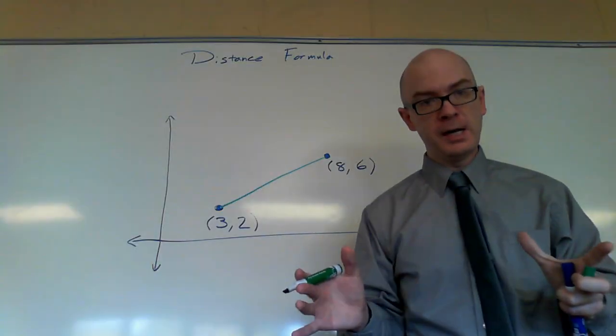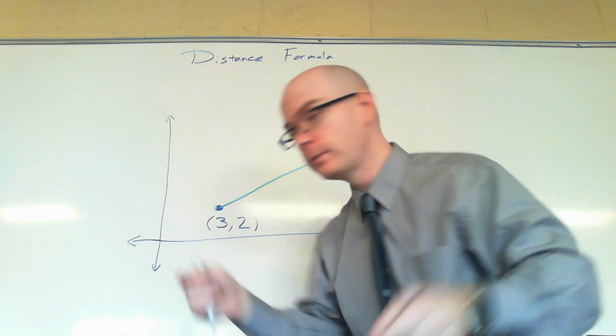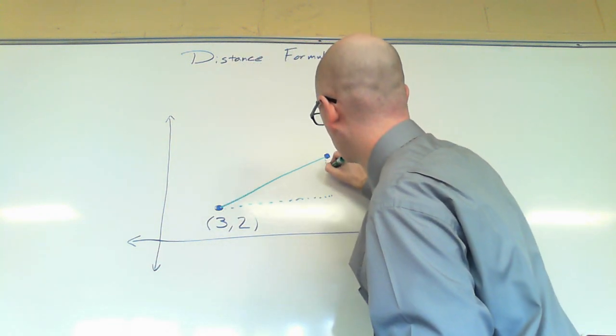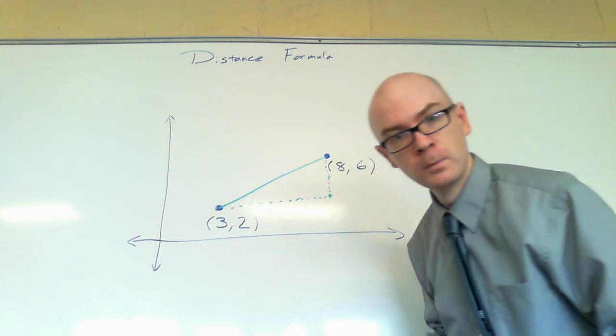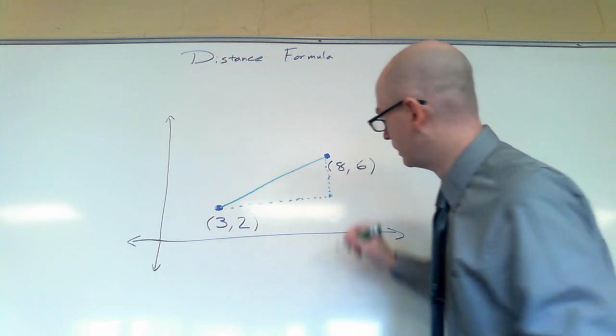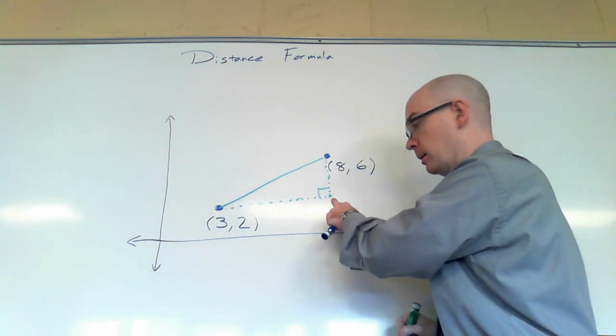In order to figure this out, let me sketch something that might make you think. All right. So what does that look like? Let me add in a little bit of a hint. We have a right triangle.